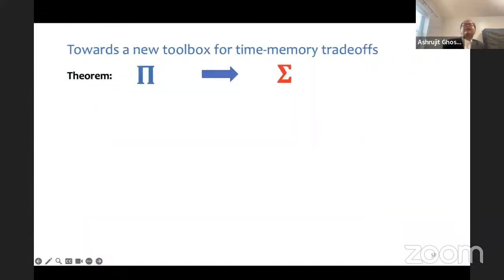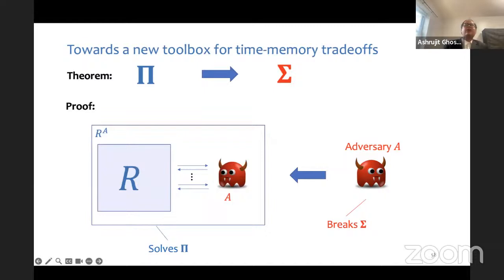The starting point is to consider the fact that security proofs proceed via reductions. So, for example, when we prove that the hardness of pi implies a scheme sigma is secure, what we really prove is that given an adversary A that breaks sigma, we can build a new adversary R which runs A to solve pi.